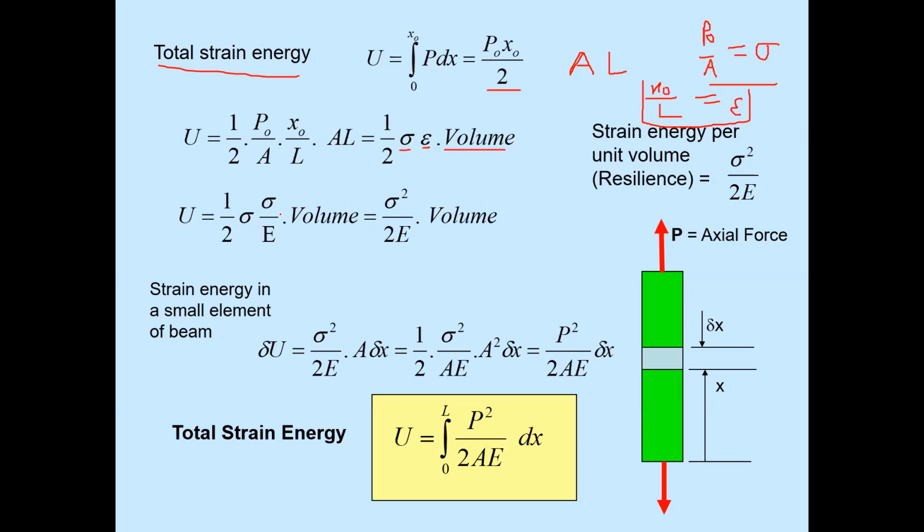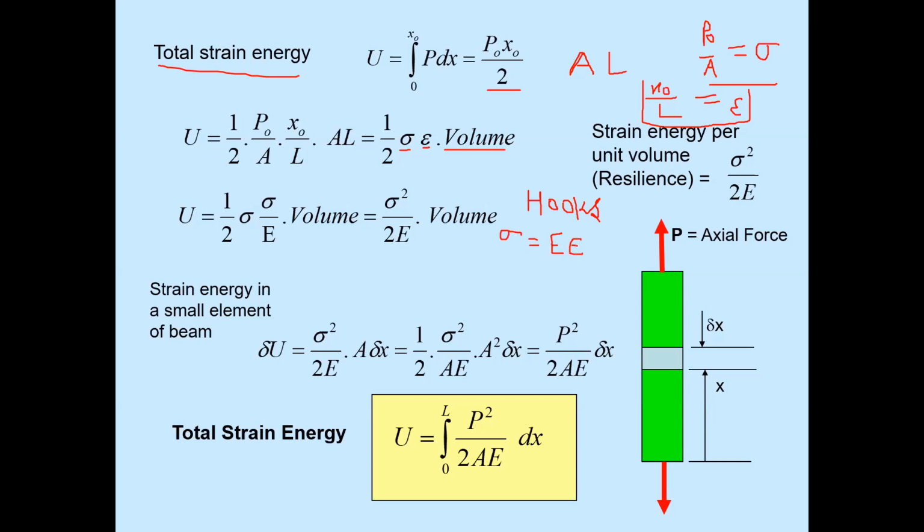Now, what will we do? You also know Hooke's law. Hooke's law states that stress sigma in an elastic, isotropic, homogeneous, prismatic member is equal to Young's modulus E into epsilon.